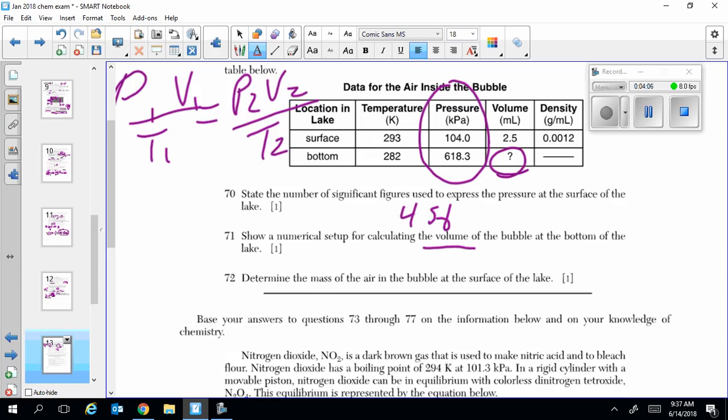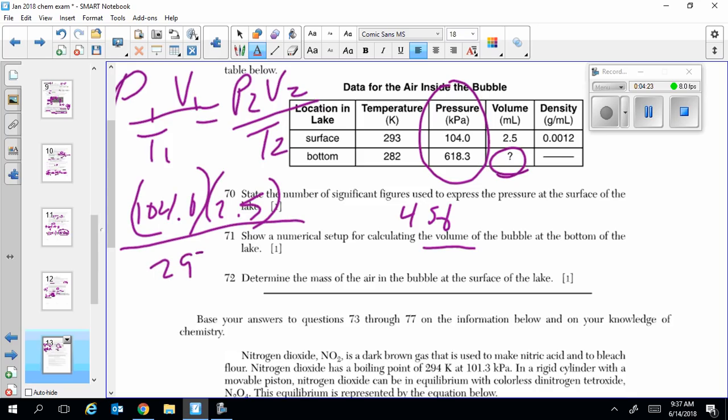So I would set that up because I just have to do the setup. So I'm going to take the pressure, so that's 104.0 times 2.5 divided by 293, and that's equal to 618.3. Sorry, you know what?